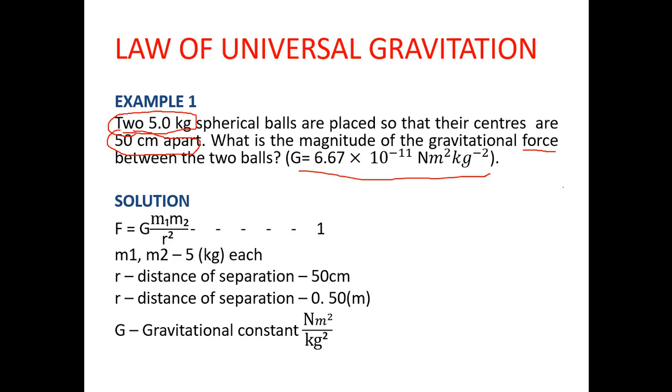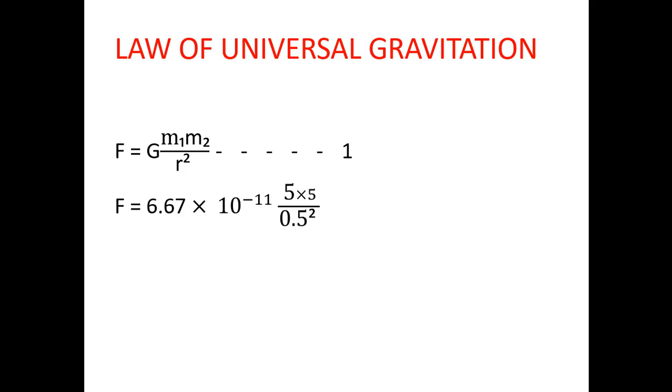Alright, so let's move on. We are going to substitute the values we have into equation 1 and check what our solution would be. I have done the substitution here. You see 6.67 times 10 to the power minus 11 is for G, m1 here is 5, m2 here is 5.